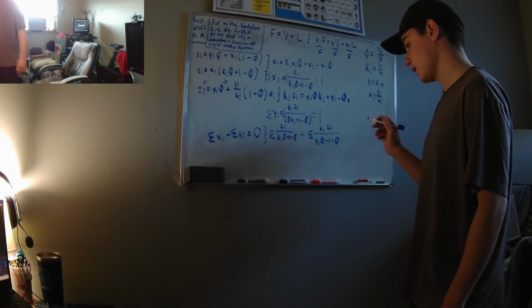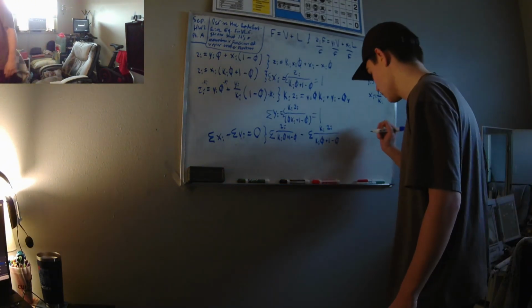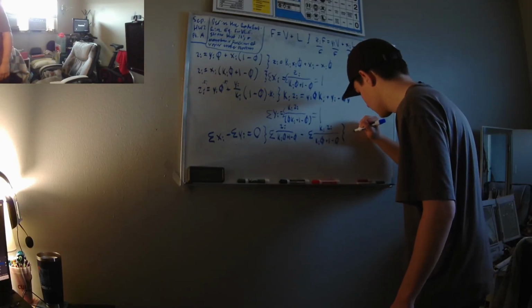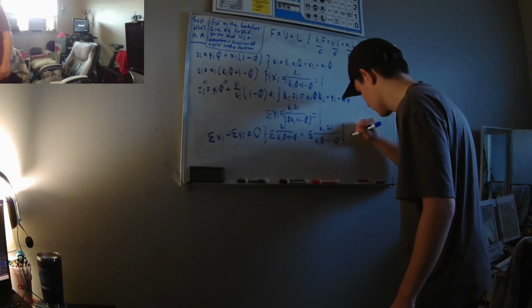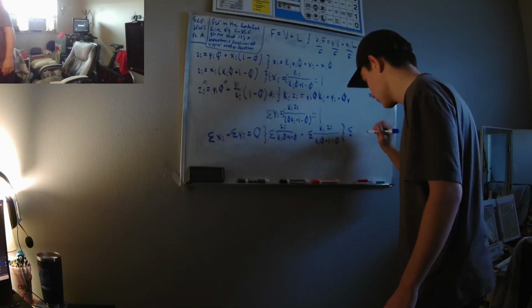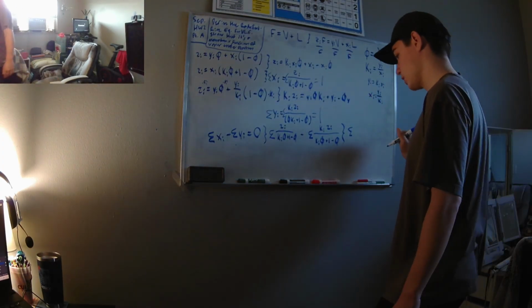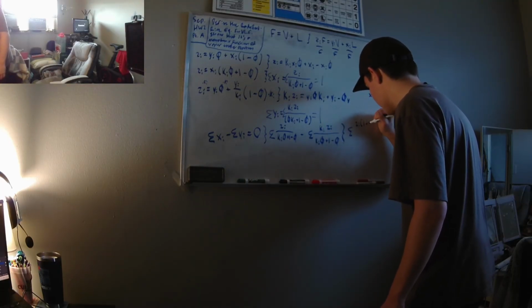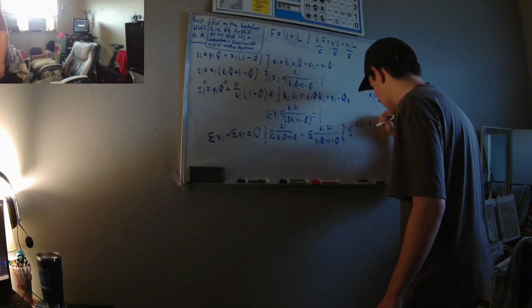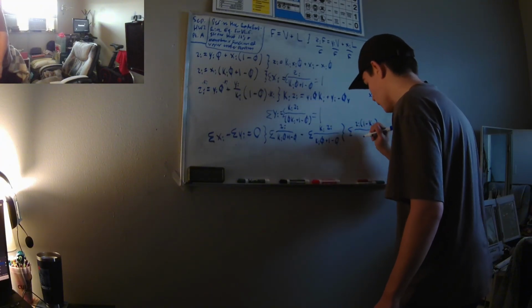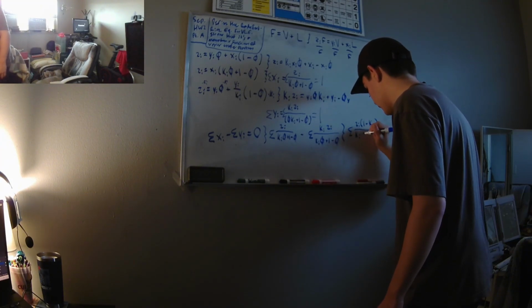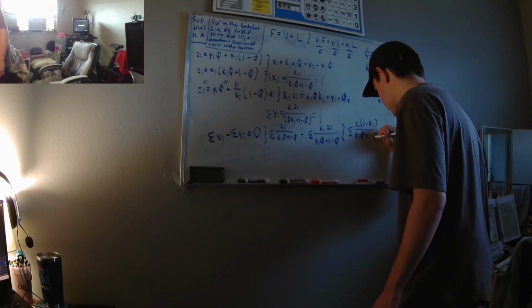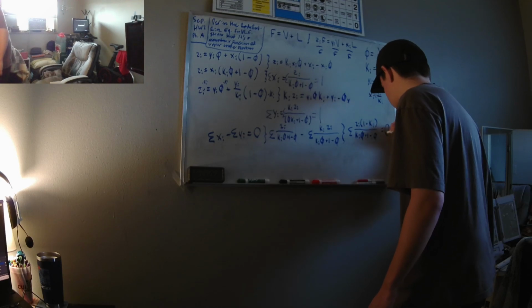When we subtract these out, we get a combined expression: the summation of Zi times 1 minus Ki over Ki phi plus 1 minus phi equals 0.